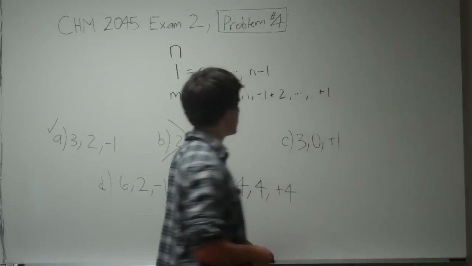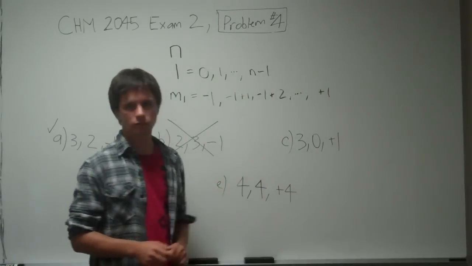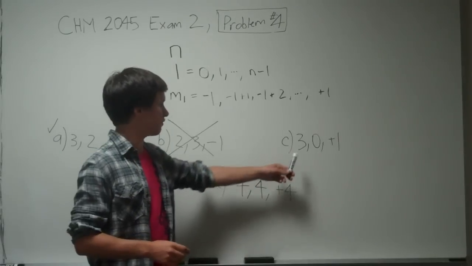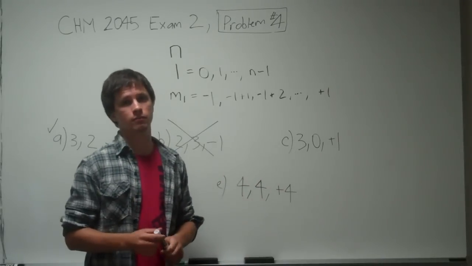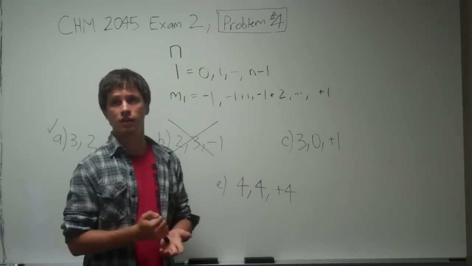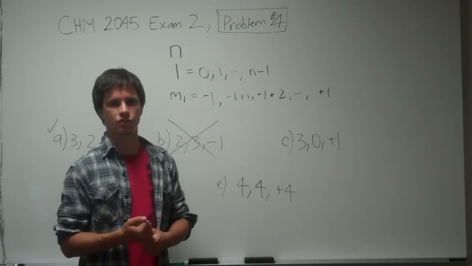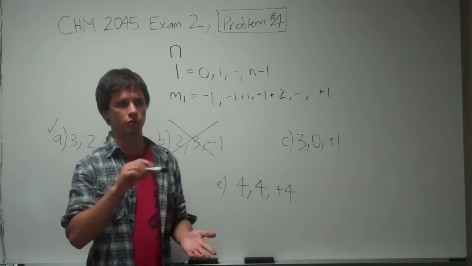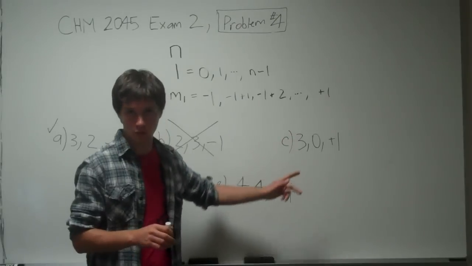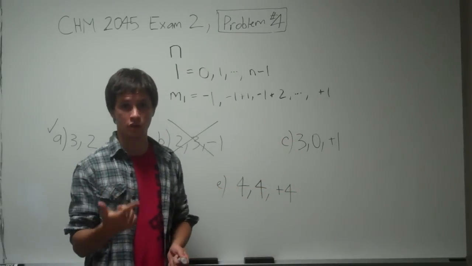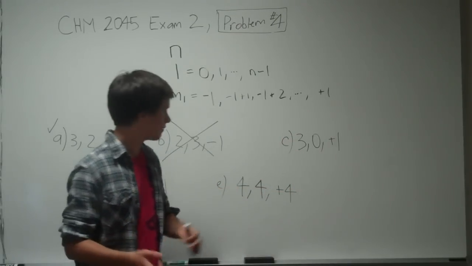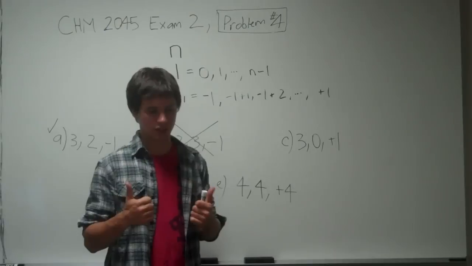Okay. Set C. The first number is n, it's 3. So that means that l can be any integer from 0 to n minus 1, which is 3 minus 1, which is 2. So 0, 1, or 2 are the choices for l. In this case they put 0, that's fine.